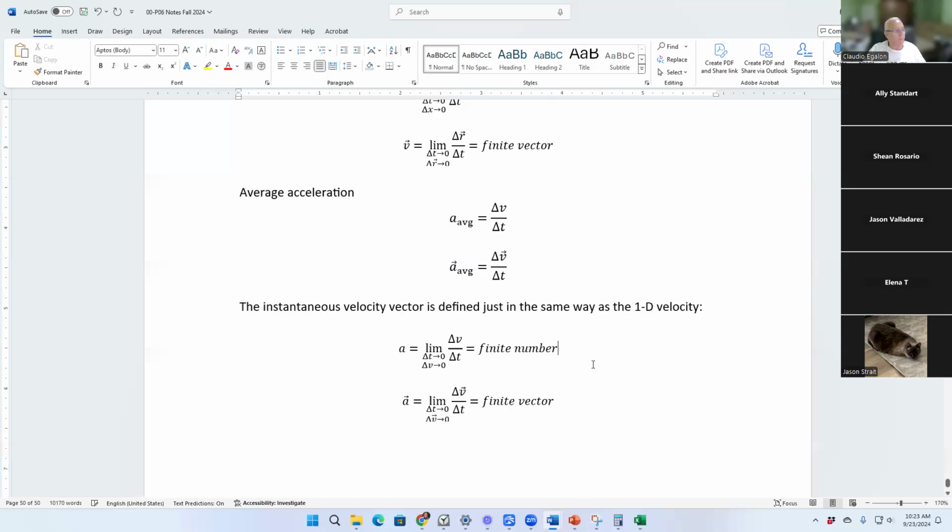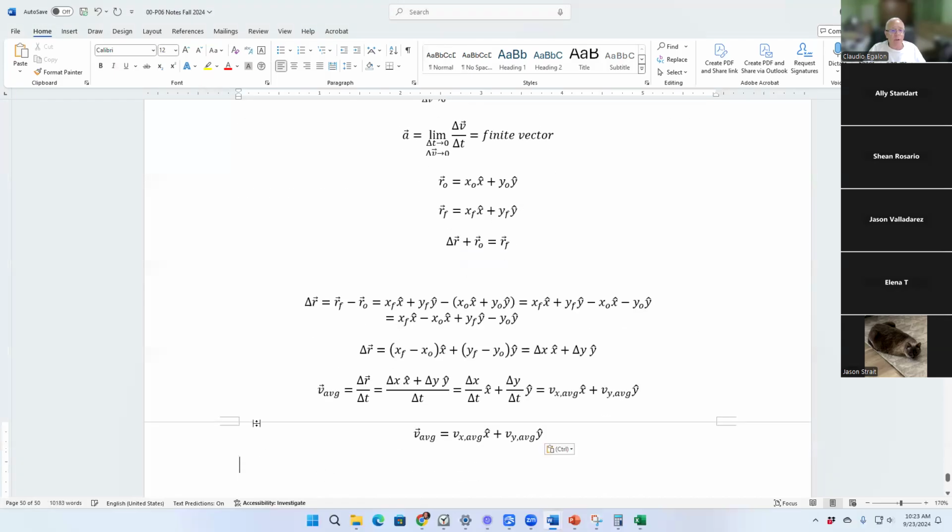Like that. Finite vector. And you can go ahead and write down all those quantities as their x and y components. Here, for instance, the initial position.